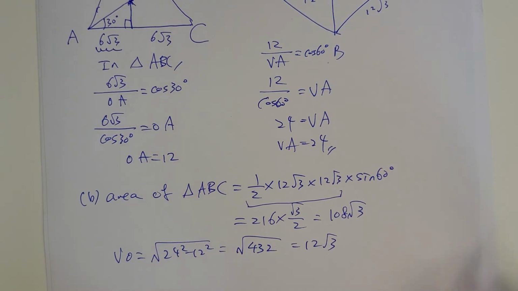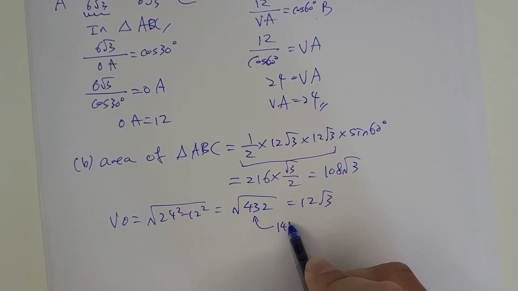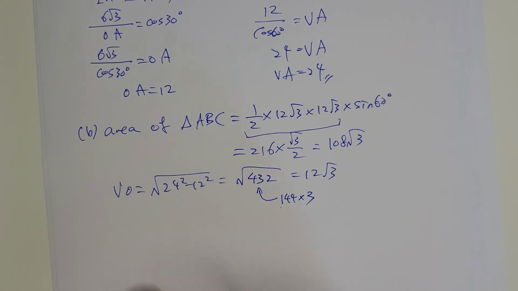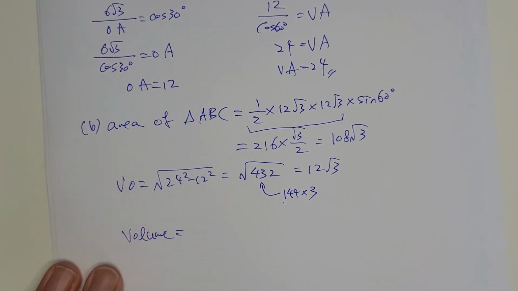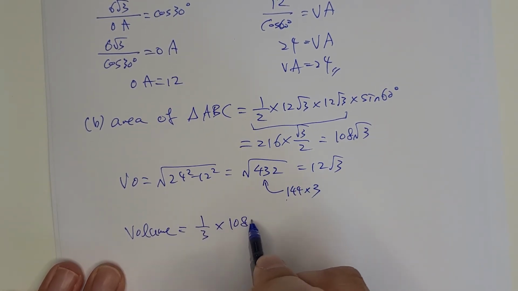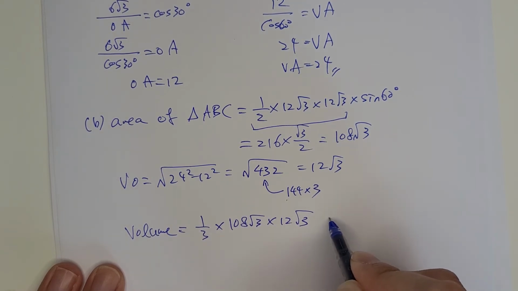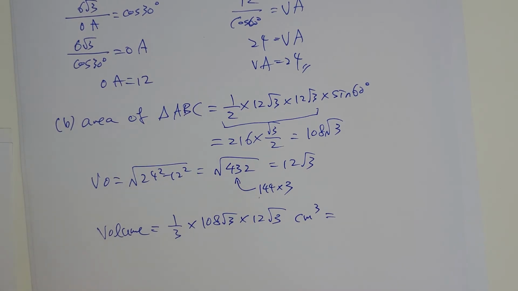Because 432 can be written as 144 times 3. Okay, so take square root, you get 12 root 3. And hence, the volume could be written as 1 over 3 times base area times the height, that's VO, unit cm cubed. So you can get the final answer.